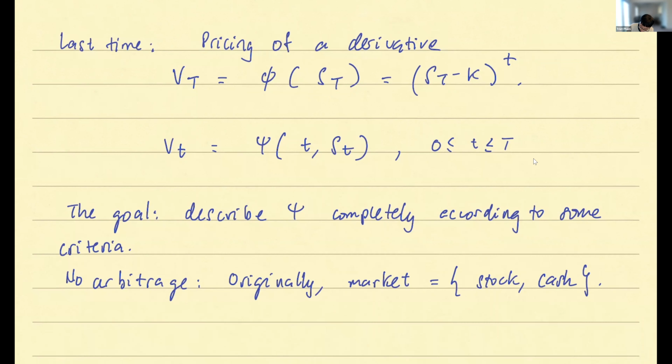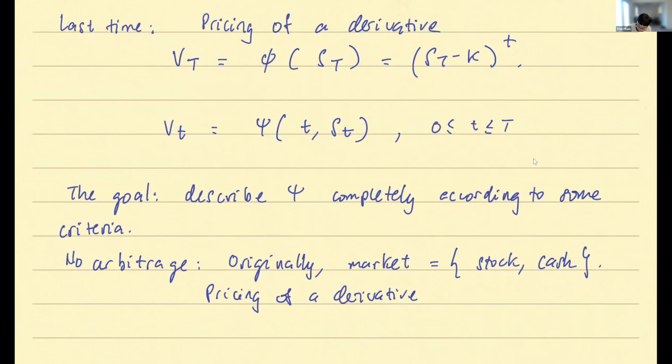But when you do pricing of the derivative, basically you introduce one more asset into your market. Now your market has stock, cash, and derivative.